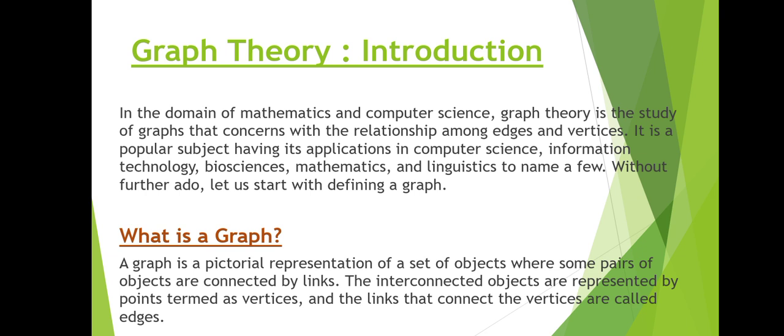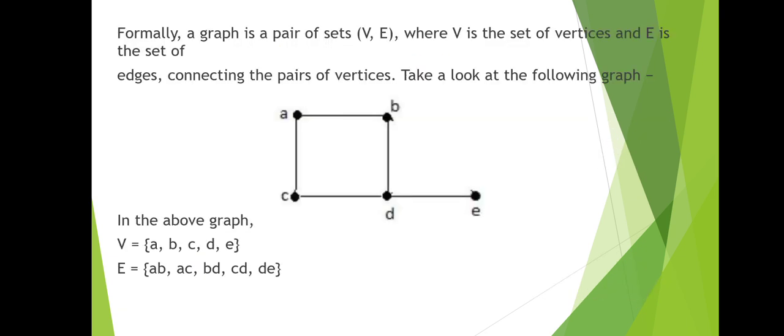So first of all, we have to know what is a graph. A graph is a pictorial representation of a set of objects where some pairs of objects are connected by links. The interconnected objects are represented by points termed as vertices, and the links that connect the vertices are called edges. So formally a graph is a pair of sets (V, E), where V is the set of vertices and E is the set of edges connecting the pair of vertices.